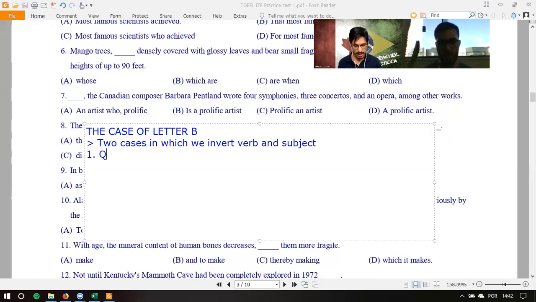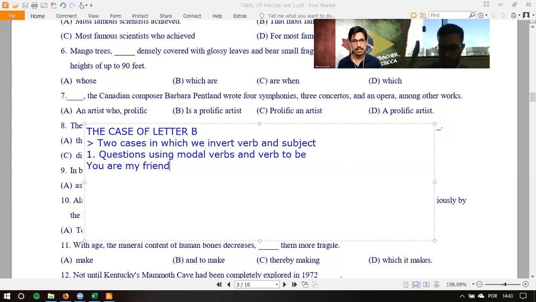The first case is for questions using modal verbs and the verb to be. So if I say, you are my friend, it is necessarily an affirmation in formal English. To ask a question, I have to invert. We have to do this inversion.